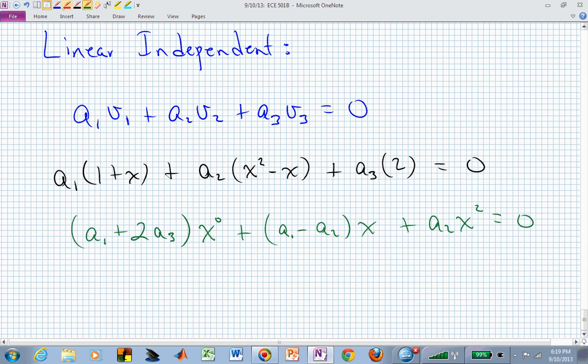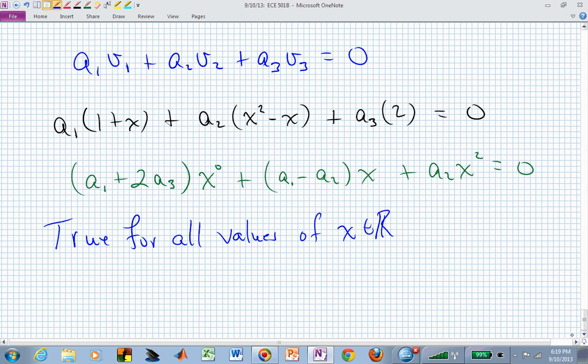Now, we want to see if this is 0 for all values of x, so for this to be true for all values of x belonging to the real line, that's going to require that, in fact, a sub 2, the coefficient scaling x squared, needs to be 0.